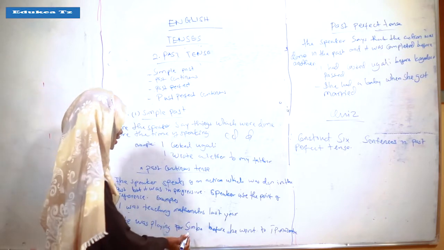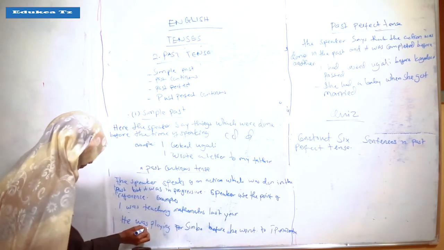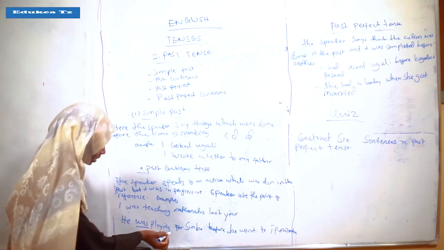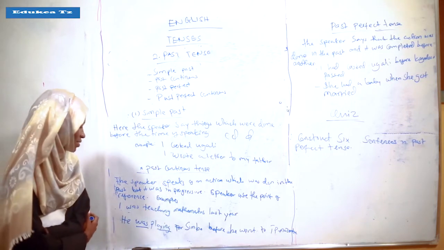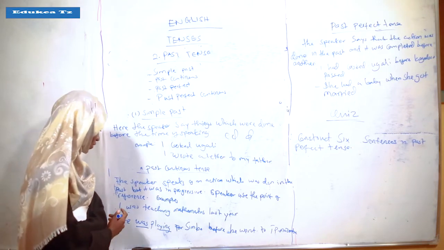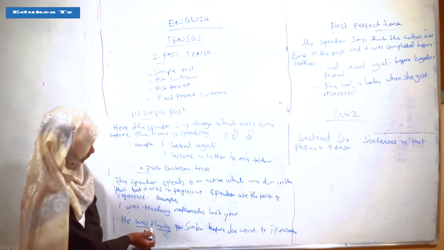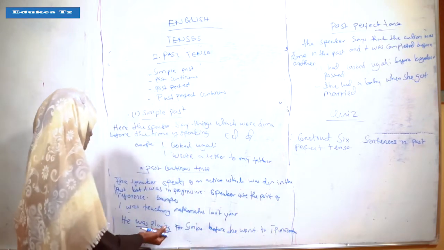He was playing for Simba. He was marks the past form. Playing marks the progressive form. So, past continuous tense: he was playing for Simba before he went to TP Mazembe.